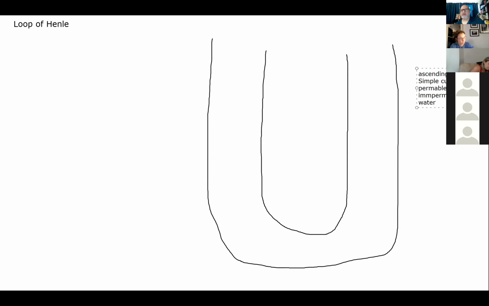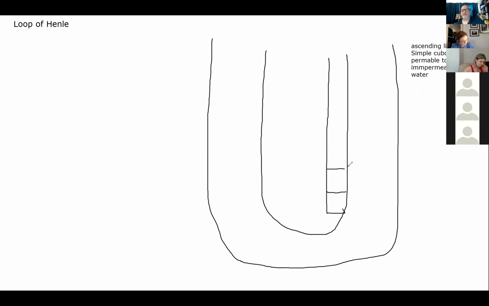And just for the heck of it, we will draw some cuboidal cells along the wall of this here.